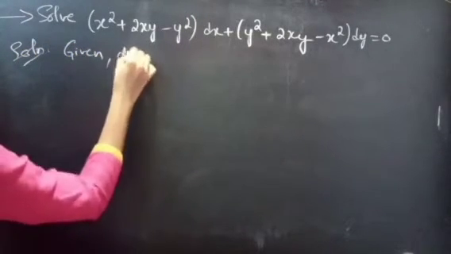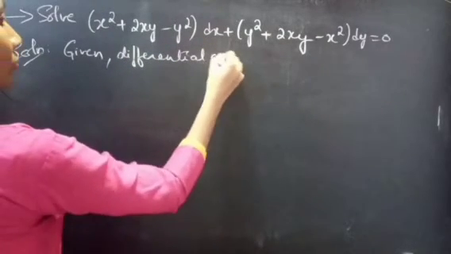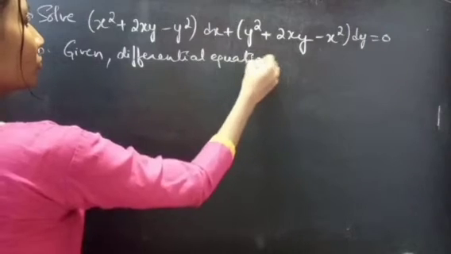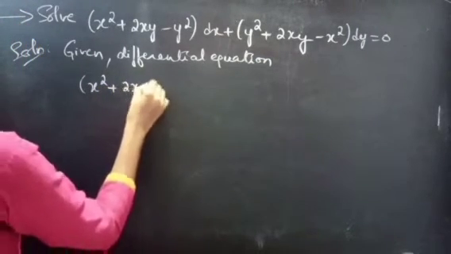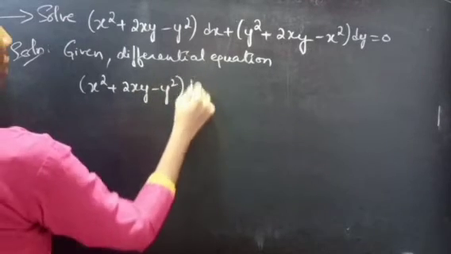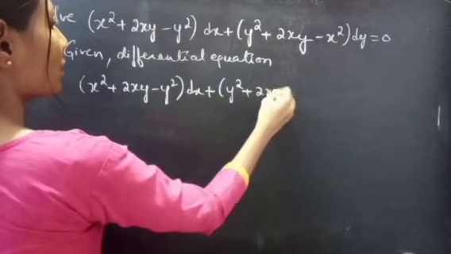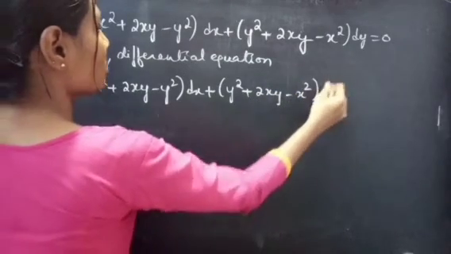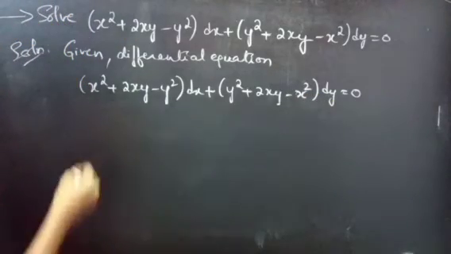Given differential equation: (x² + 2xy − y²) dx + (y² + 2xy − x²) dy = 0.